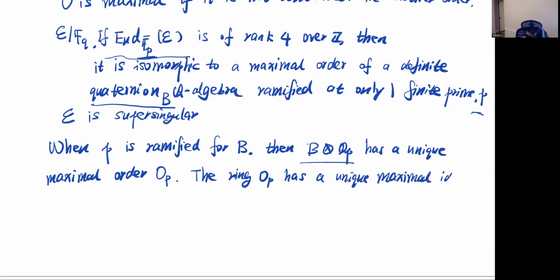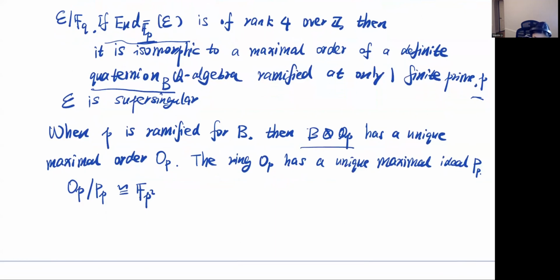We will call it P_p. If I take the quotient by its maximal ideal, I will get its residue field, and this residue field is isomorphic to F_p squared. Moreover, the element p does not generate a prime ideal in O: p times O_p equals this maximal ideal squared.